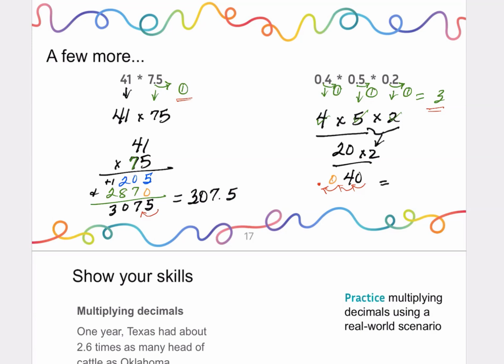So that means that this answer would be 400ths. Now we have an additional 0 here in the back for 400ths, and we really don't need to add that one in. So we can complete this answer as 400ths in that manner.